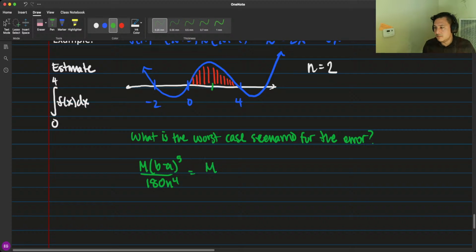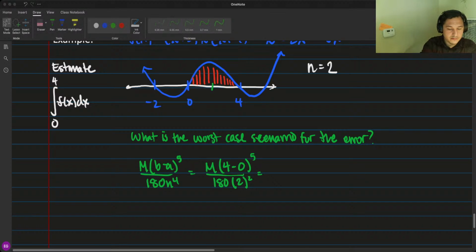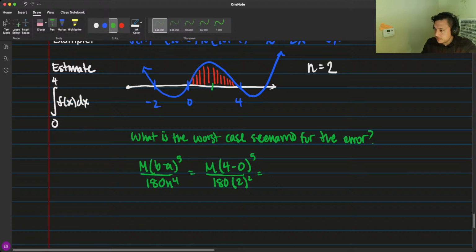We'll deal with M in a moment, but your b is 4, your a is 0, and our n is 2. So, what is 4 to the 5th? 4 to the power of 5 is 1024. So we get 1024 M.